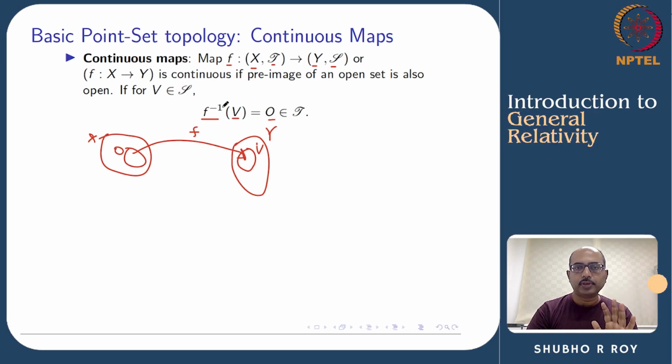At first sight, you might say this has nothing to do with a continuous function, whose graph is a continuous curve. There is no resemblance with that picture because this is too abstract. All I'm saying is that if the pre-image of an open set is open, then the map is continuous.